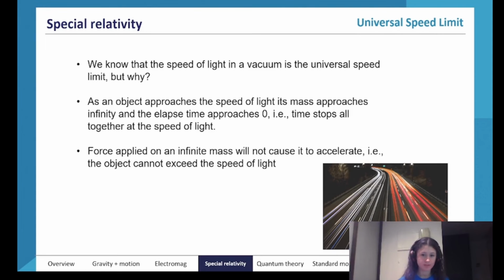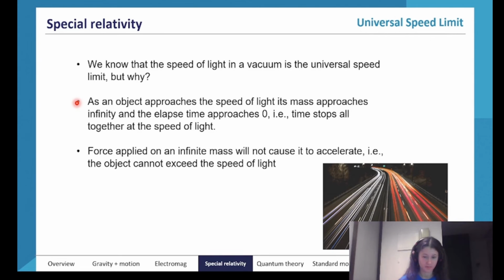We know that this is the universal speed limit because as an object approaches the speed of light, as it gets faster and faster, its mass approaches infinity and the elapsed time approaches zero. What this means is that time stops altogether at the speed of light.